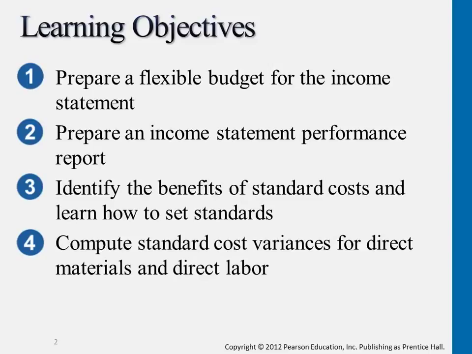So the middle section in this chapter will go over how accountants and managers actually work together to determine these numbers. And then we will be using the standard cost concept to understand in more detail the flexible budget variances.